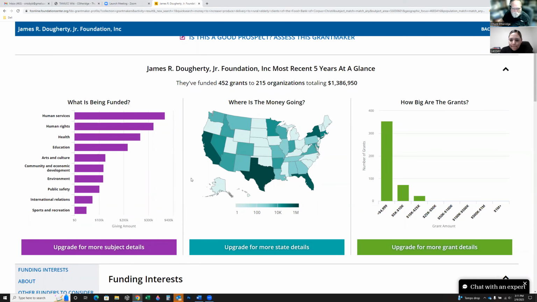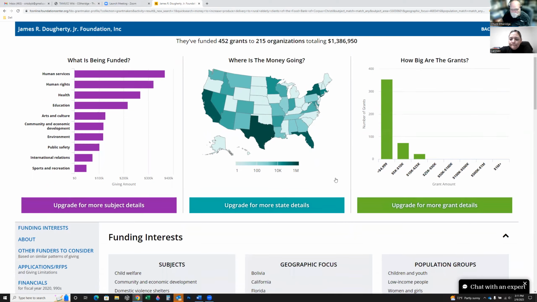So far, it looks good, I think. You got human services, majority giving in Texas. I'm looking at where they have hundreds of grants in Texas. Next closest state was California. So $5,000 is their really happy place. More than 350 grants at $5,000.